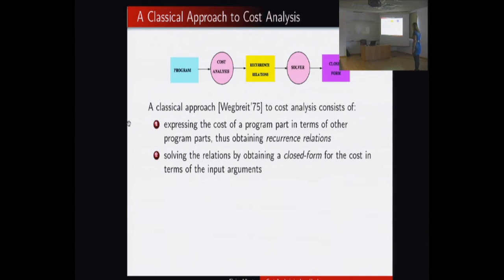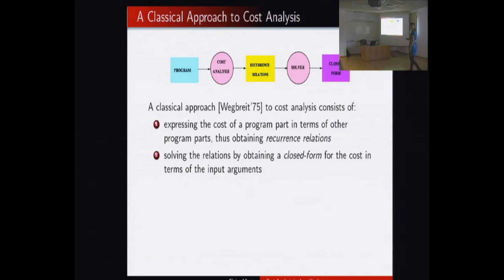So there are different ways of doing cost analysis. The one we're going to see today is based on the classical approach, the one proposed by Wegbreit in 1975, in which cost analysis has two main phases. In the first one, we start from a program and we do some analysis to generate recurrence relations. These are the recurrence relations we study in our degrees.